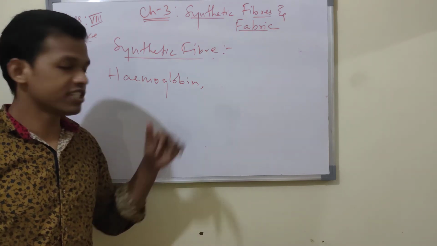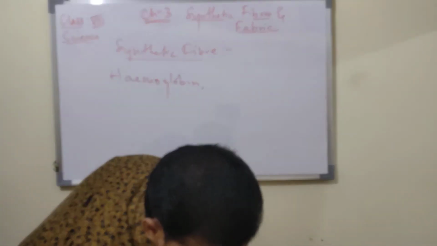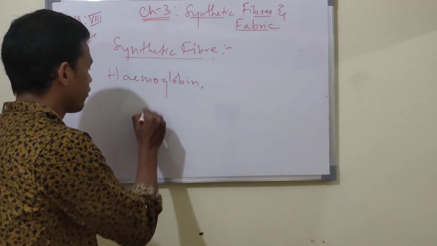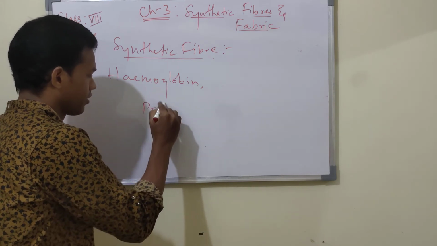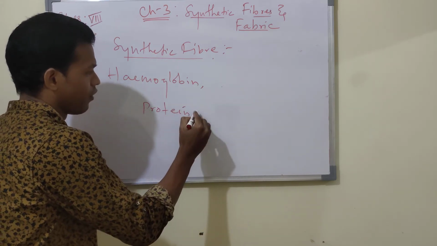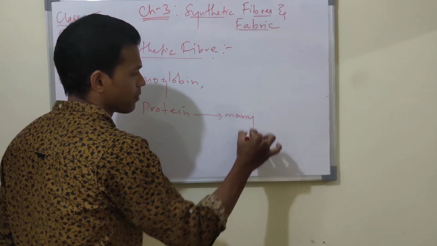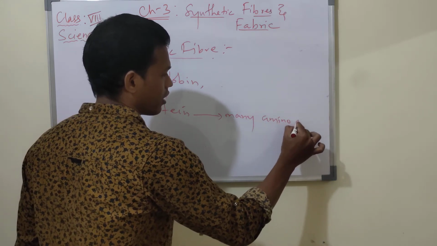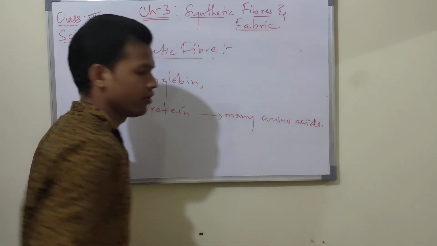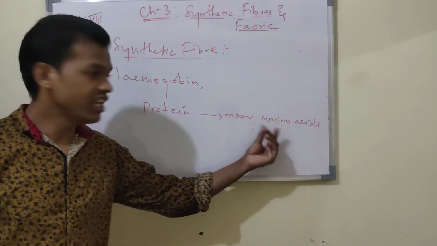The hemoglobin present in blood is a protein. These proteins are formed by combining many amino acids.